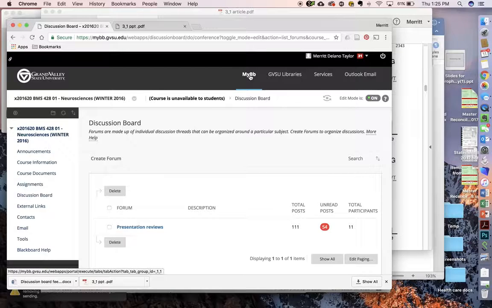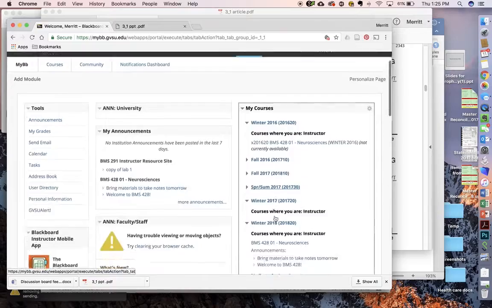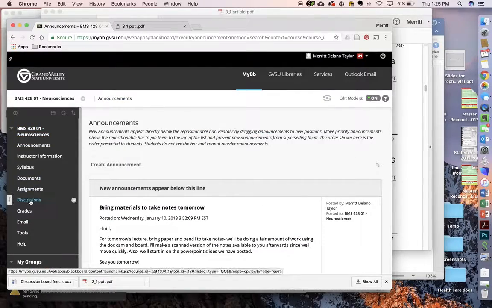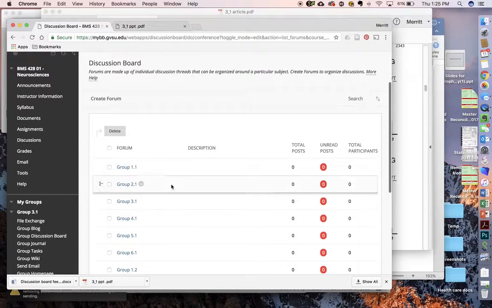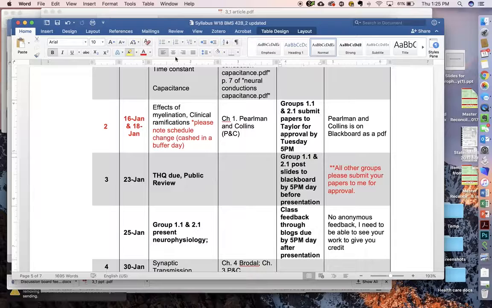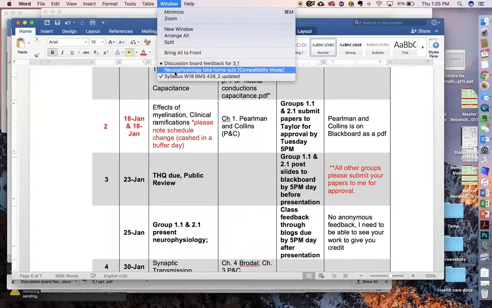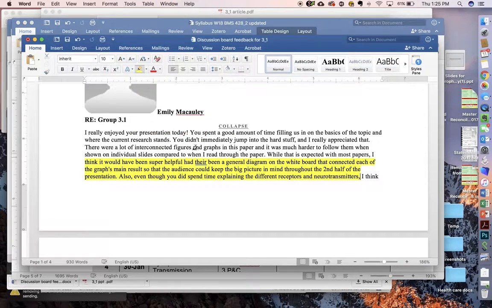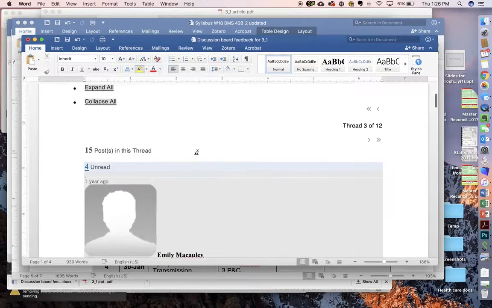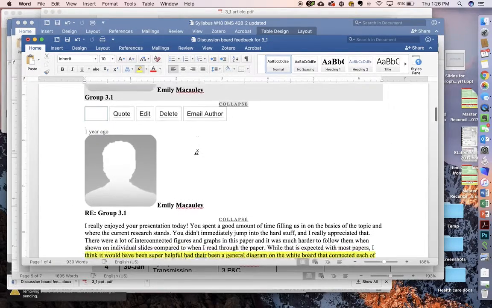So for you guys, for example, forum group 1.1, you can go and create a thread and start putting in your comments. What these typically look like is something like this. This is not quite formatted exactly the way that it will look.